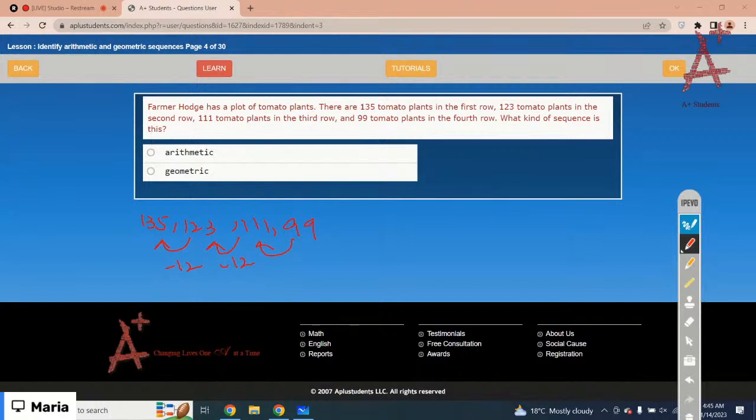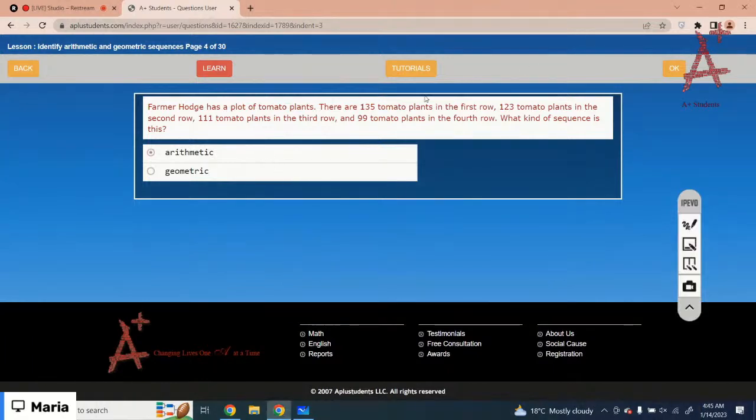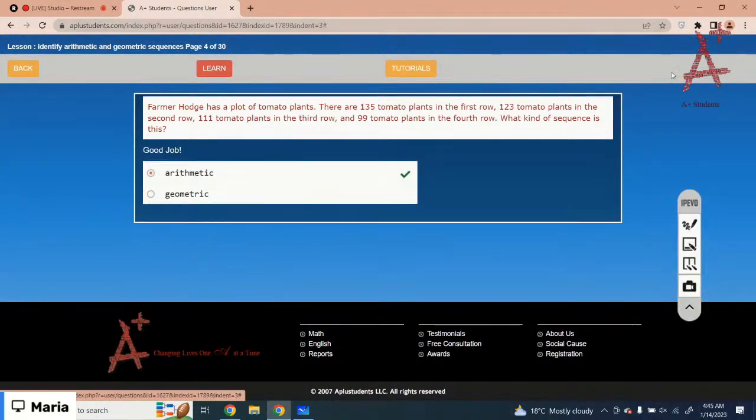Then 99 minus 111 is minus 12. See, they have a common difference. That means this is the arithmetic sequence. Got it, everyone? If you have any question, please write it in the chat box. You can complete the test by yourself later today.